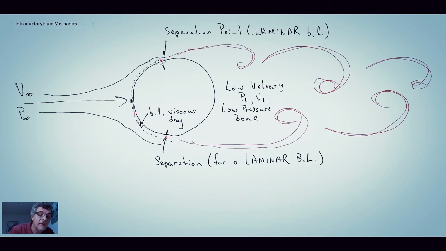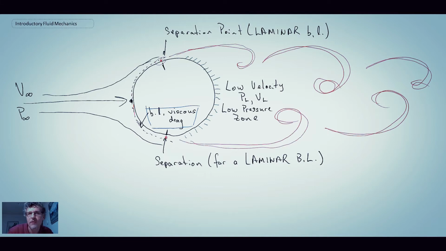Now, where are the forces here? Well, we have the boundary layer viscous drag, so there is shear where the flow is attached, and so consequently we have shear force there, and we have viscous drag. And then the other thing that's happening is we have a pressure distribution on the cylinder, and in this region here, downstream of the separated flow region, we have very low pressure, and that's due to the fact that we have separated flow.